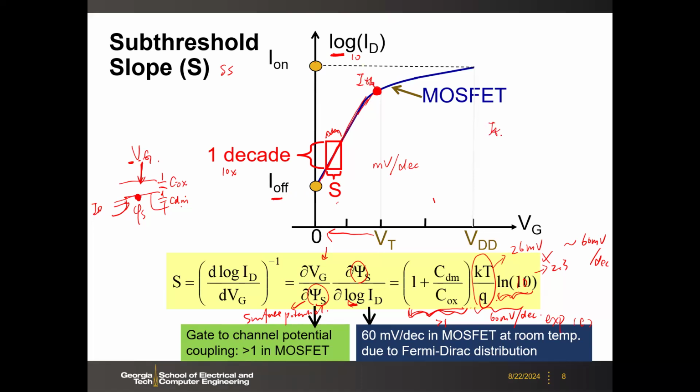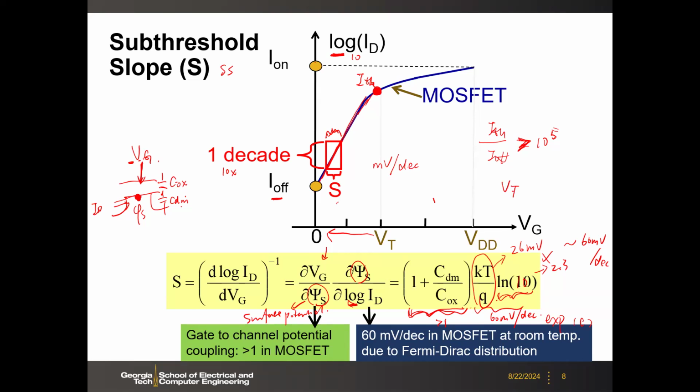You want the I threshold divided by I off at least larger than 10 to the power 5. Otherwise, the off is not really off, right? You still have some leakage. So if your requirement is I_th over I off larger than 10 to the power 5, then that sets your minimal VT.